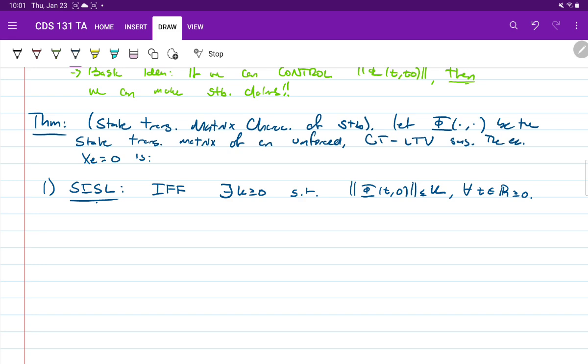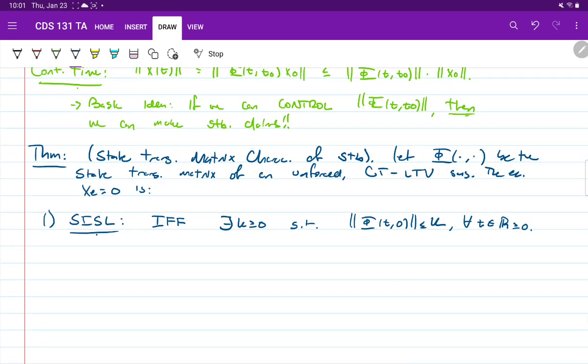So note that here we're not bounding phi of t comma t naught. It turns out it's sufficient just to bound phi of t comma 0, all right? So this is true in the continuous time case. In the discrete time case, we need to bound t, t naught, but continuous time is a little bit nicer, okay?